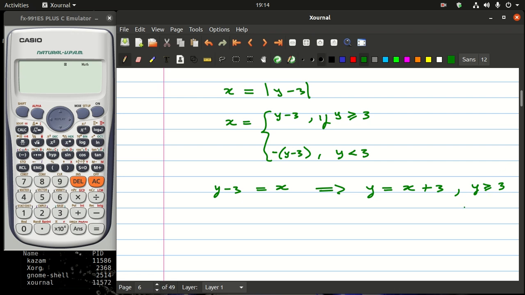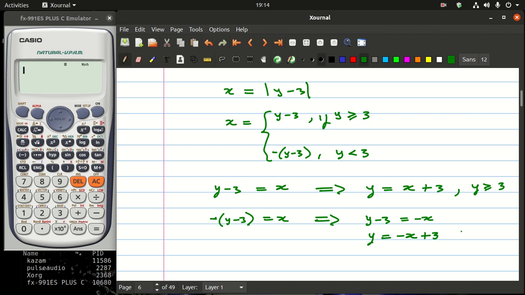And also here, I am going to have minus (y minus 3) equal to x, which implies that y minus 3 is equal to minus x, which means y is equal to minus x plus 3.